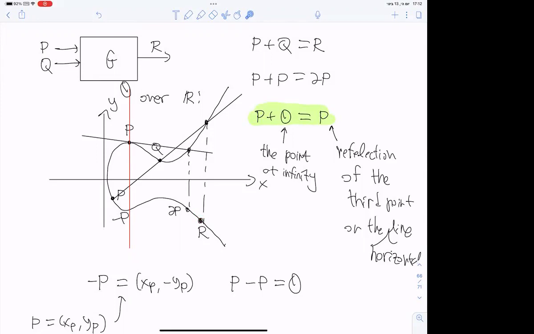Why do we reflect? Because we want it to have a group structure.